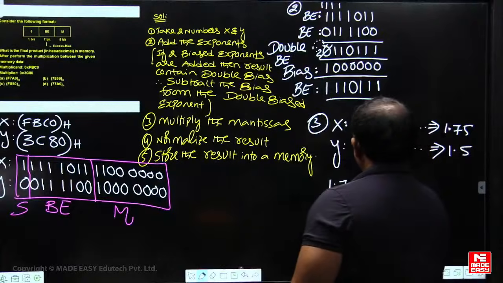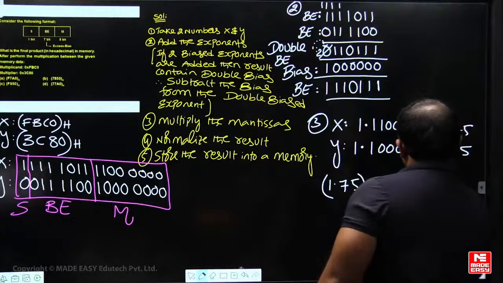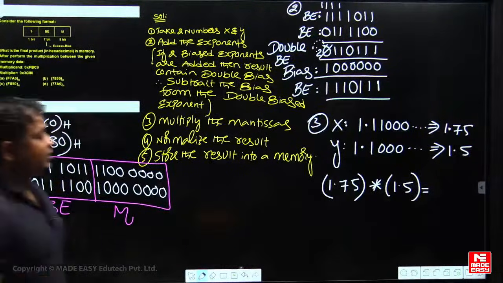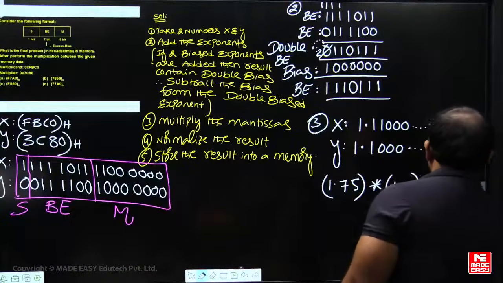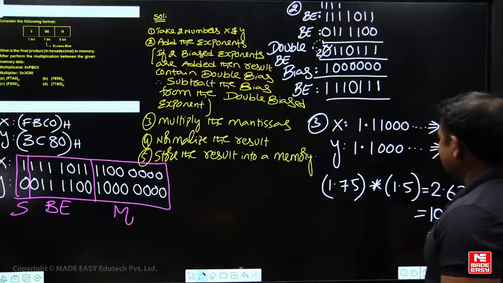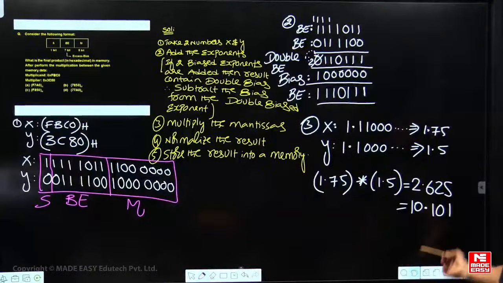So 1.75 multiplied by 1.5. Then what is the answer? The option is correct, 2.625.